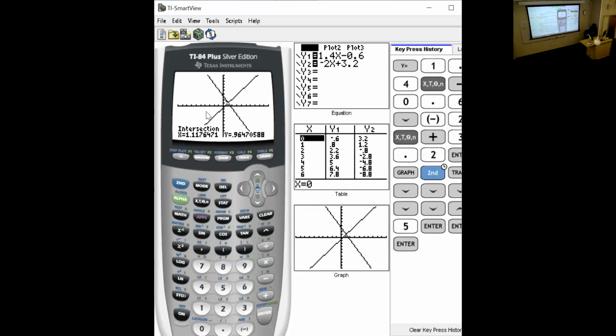So we have x, we have y. When supply meets demand, then we are in balance.